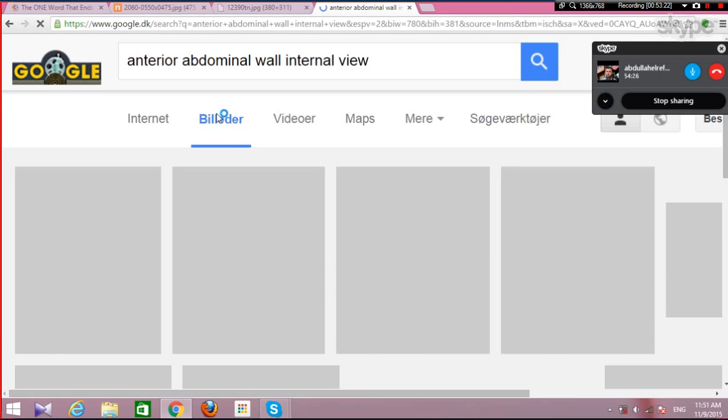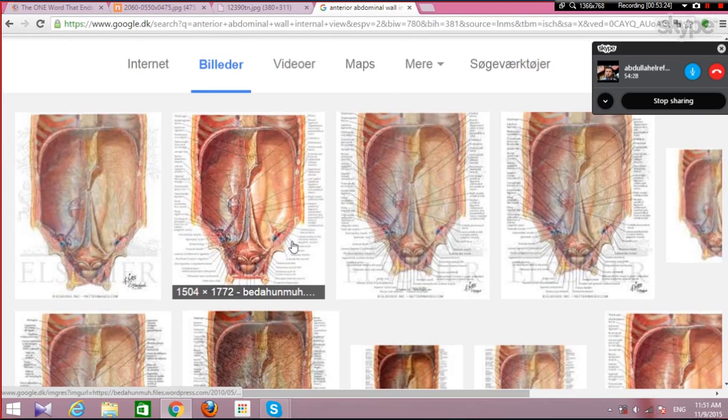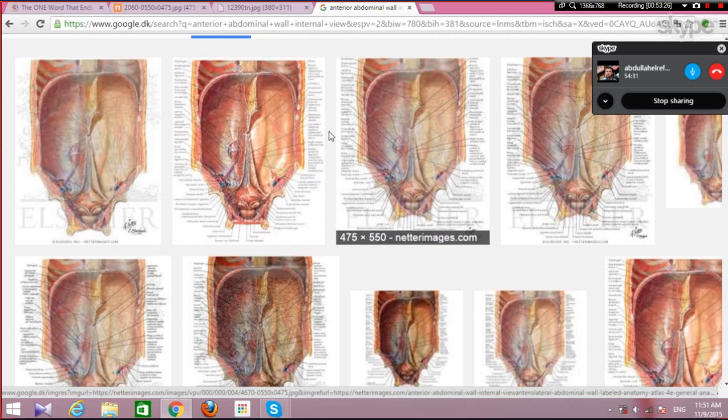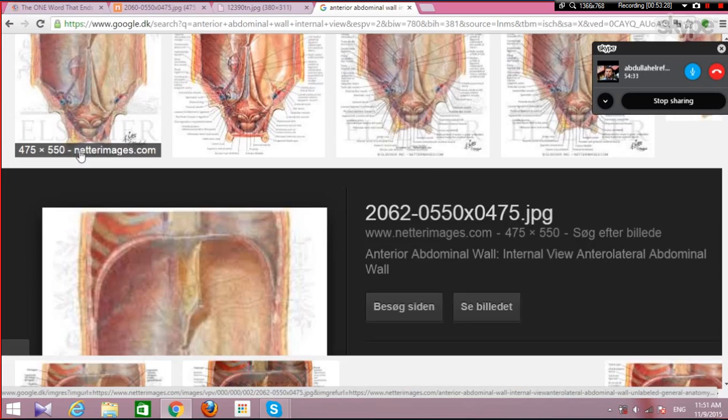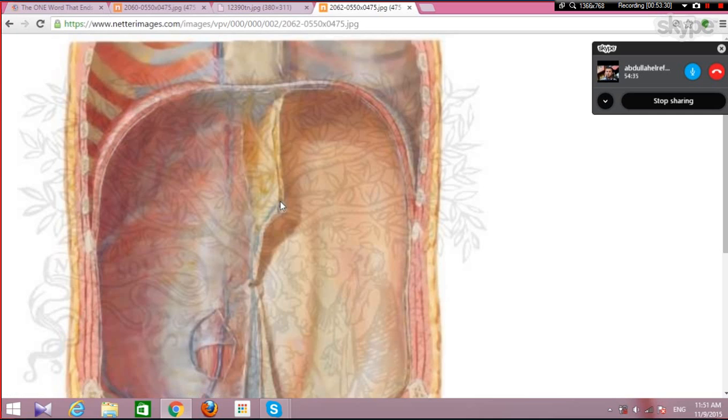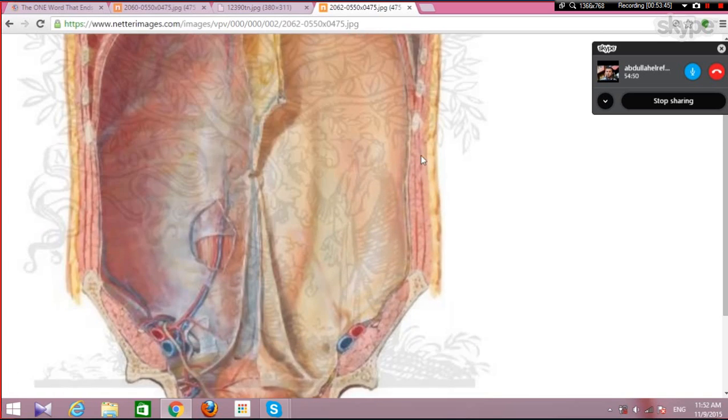Okay, now look at this picture. Now we're looking from inside, okay? So look, here, this is your diaphragm, right? And these are the muscles.